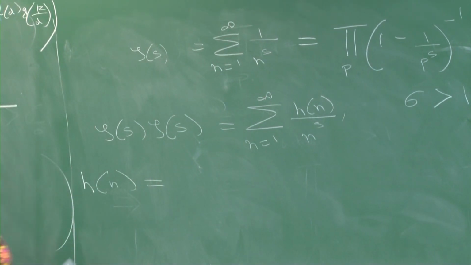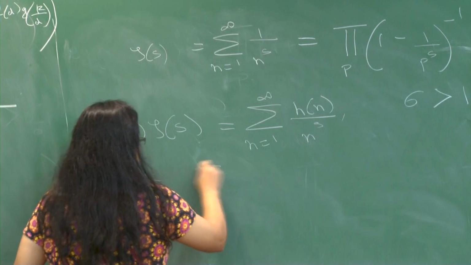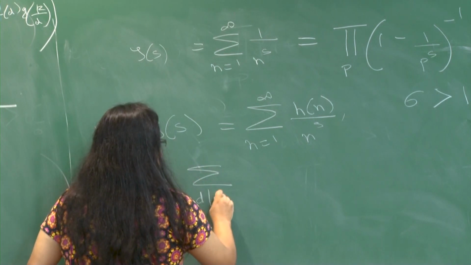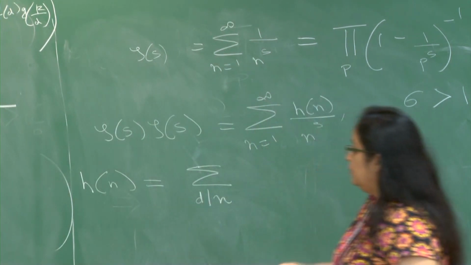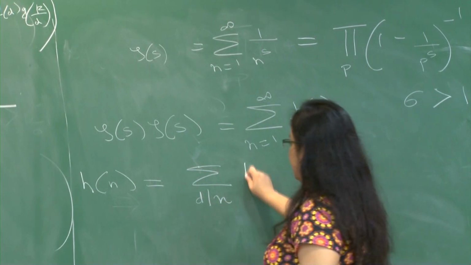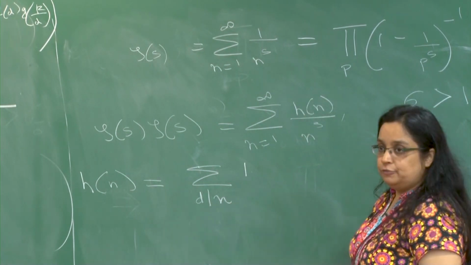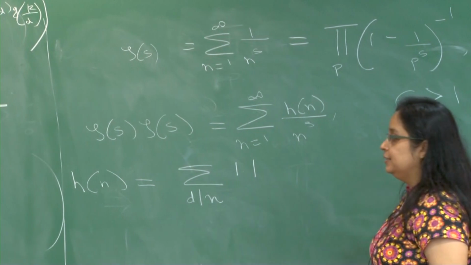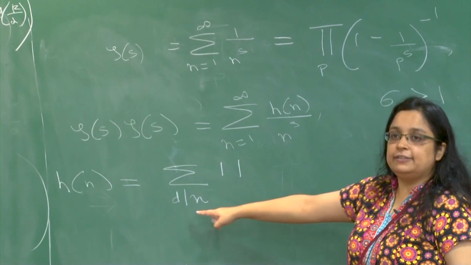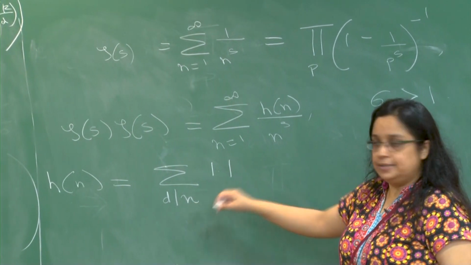It is the Dirichlet convolution of 1 with itself. So, summation d dividing n f of d, which is just 1, times f of n over d, which is also just 1. So, this is basically the divisor function, right.